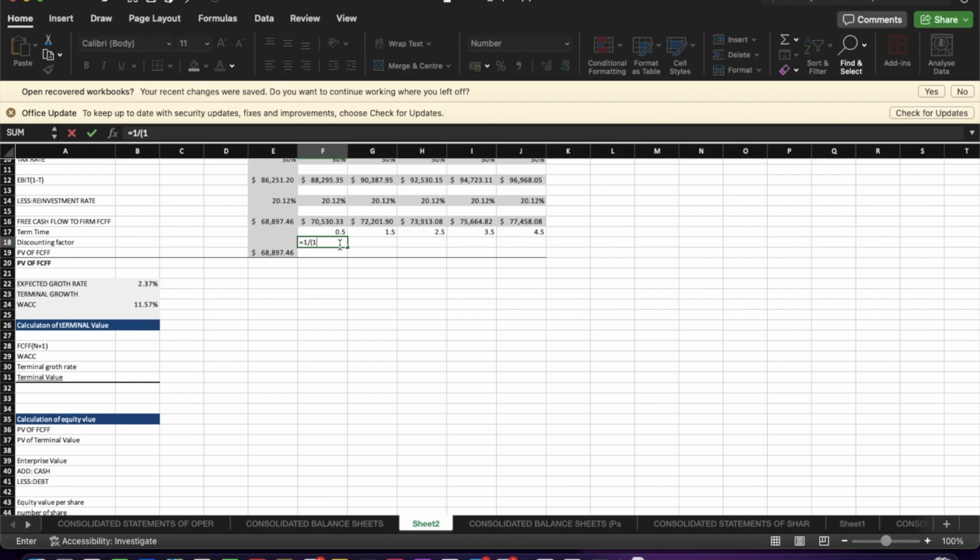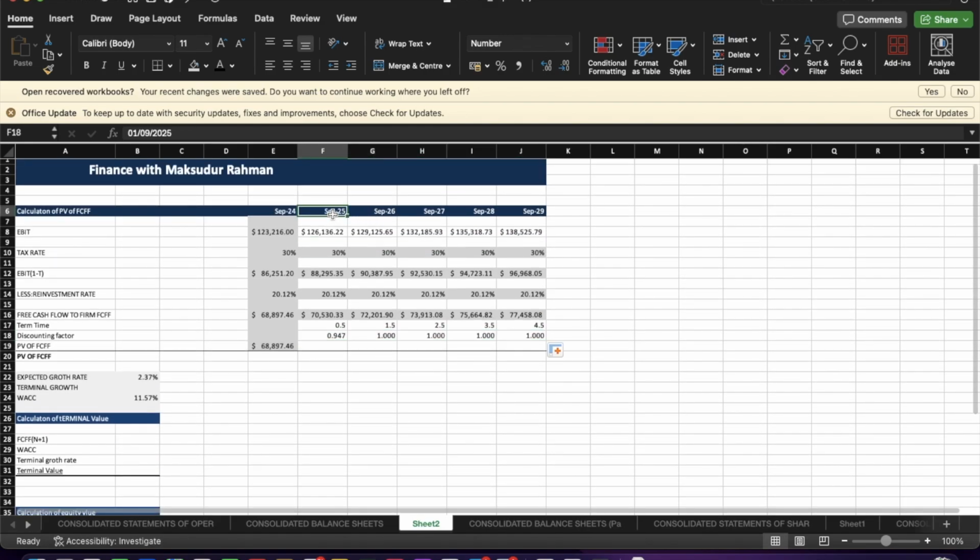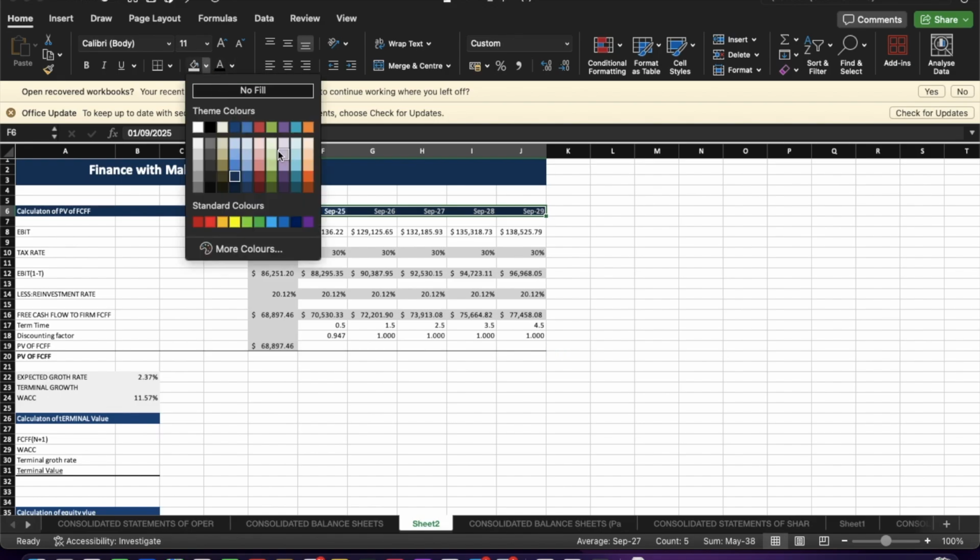The discount factor would be simply 1 divided by 1 plus the weighted average cost of capital, raised to the power of the year, whatever the year it is. So 0.5 would be our next year 2025, and 1.5 for 2026 and onwards, adding another year each time, and here we have got our discount factor.